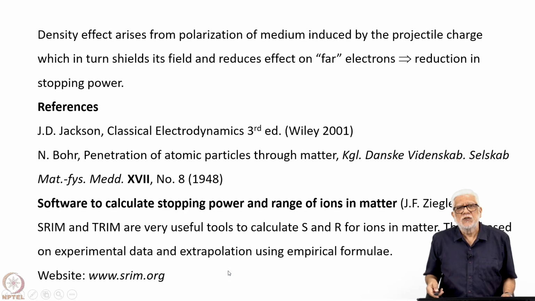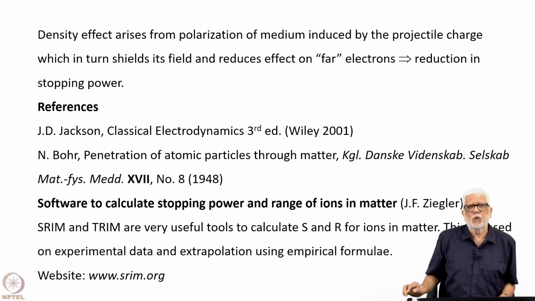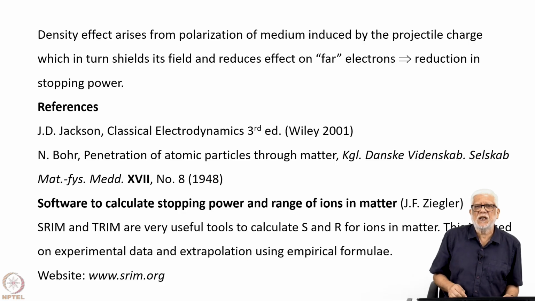Okay. So the density effect arises from, of course, the polarization of the medium, because the projectile has an electric charge, it polarizes the medium, and then this shields the field and reduces the effect on the far electrons. So this leads to a reduction in the stopping power. These are the two key references, one the classical electrodynamics textbook of Jackson, and this paper.